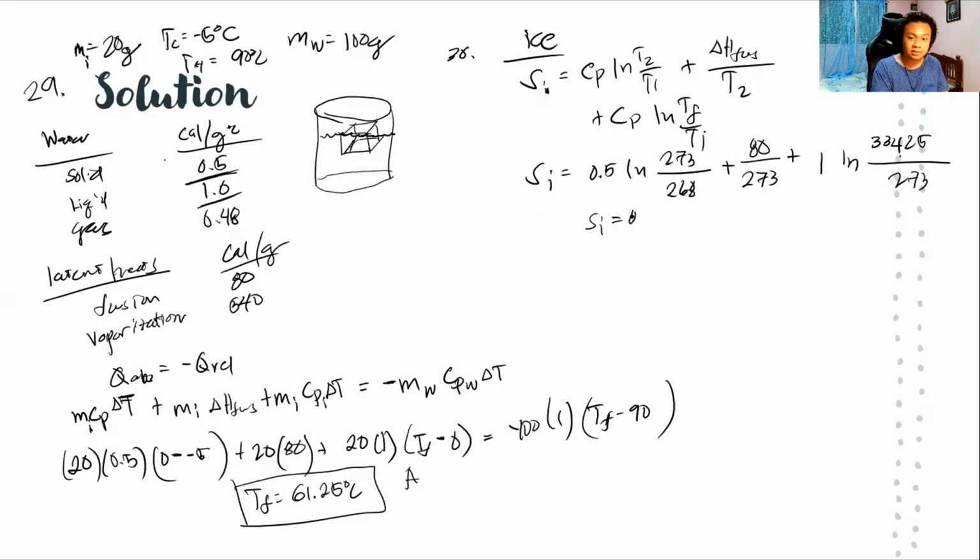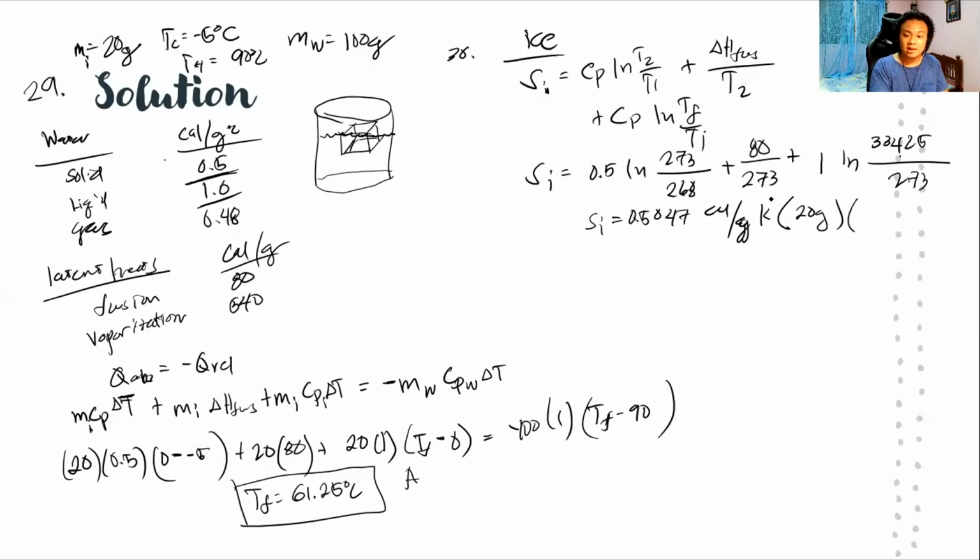At 0.5047 cal per gram per K. So multiply that by the mass of the ice, 20 grams, di ba?